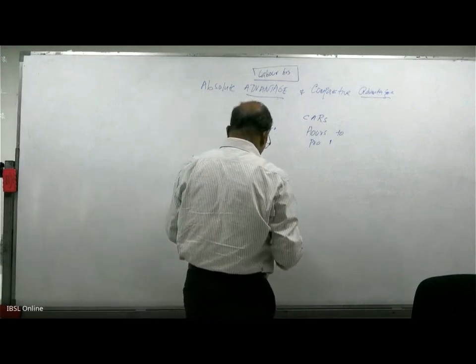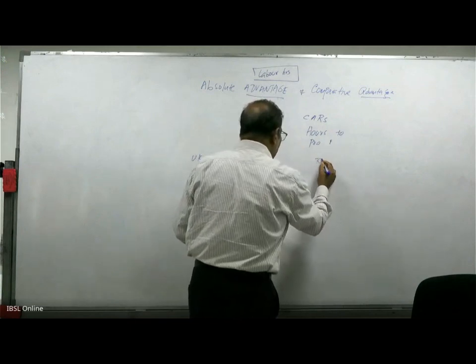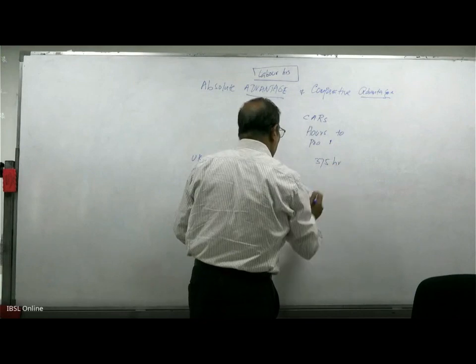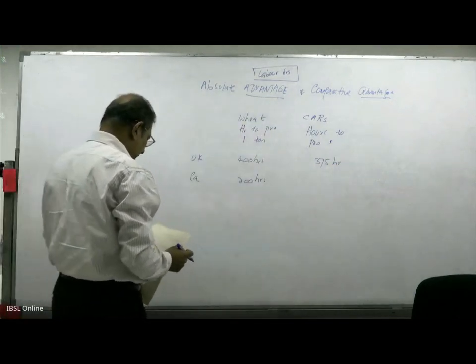Then the United Kingdom consumes 375 hours to produce 1 car.